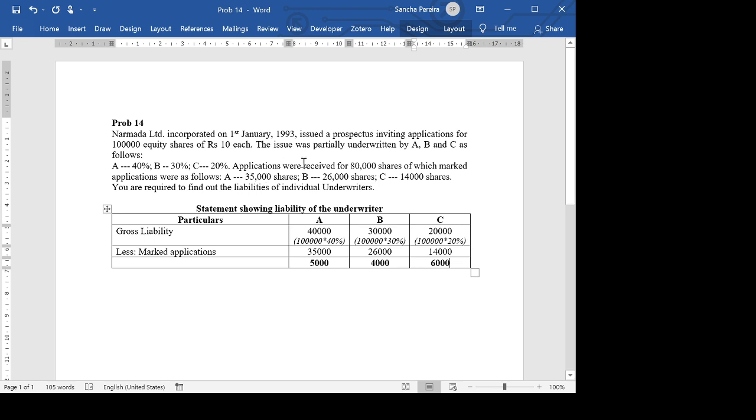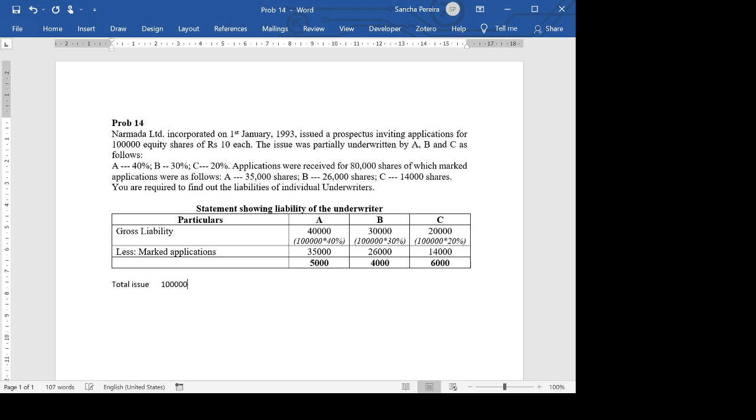If you look at the whole thing, the total issue was 1 lakh. Out of 1 lakh, the public subscribed to 80,000.